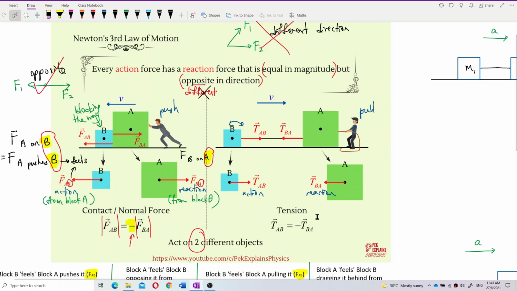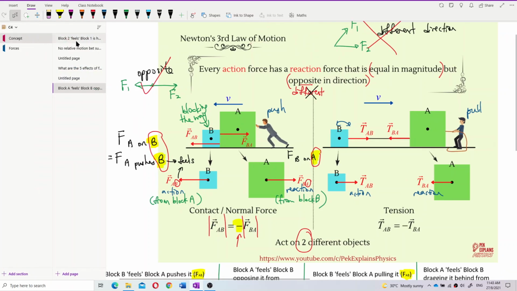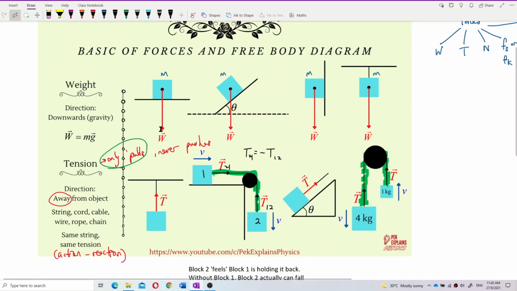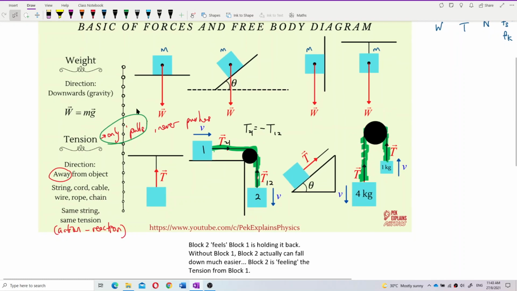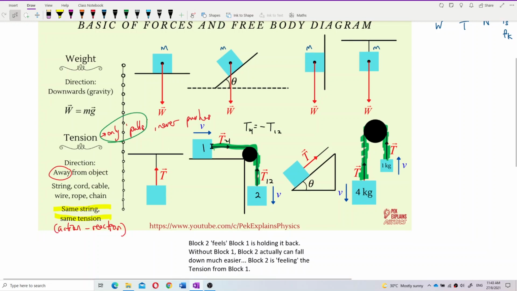The tension. Last time I did touch on the tension force. In the first video, I did mention same string, same tension. Why is that? Now I explain. Why is this tension T21 equal to T12?